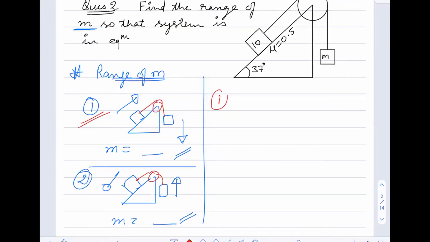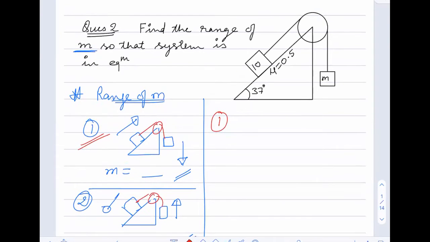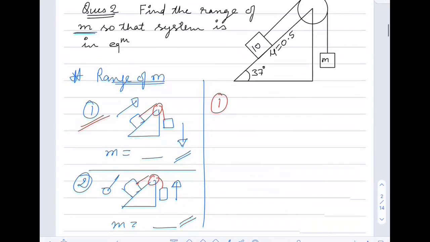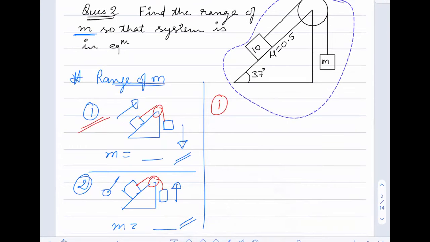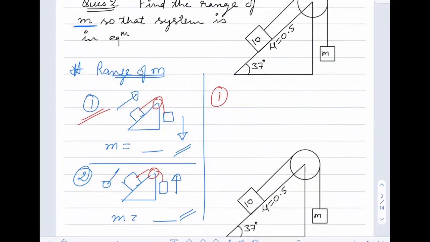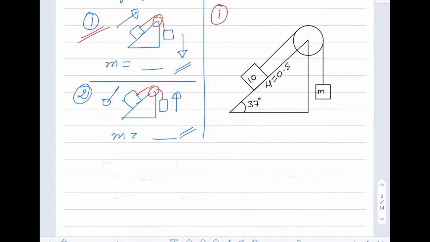So in this question, when I assume the first case, what can I say? In this first case, it is saying that this mass is moving downward, okay. So in this case, if you see here, I am having mg here downward, okay.